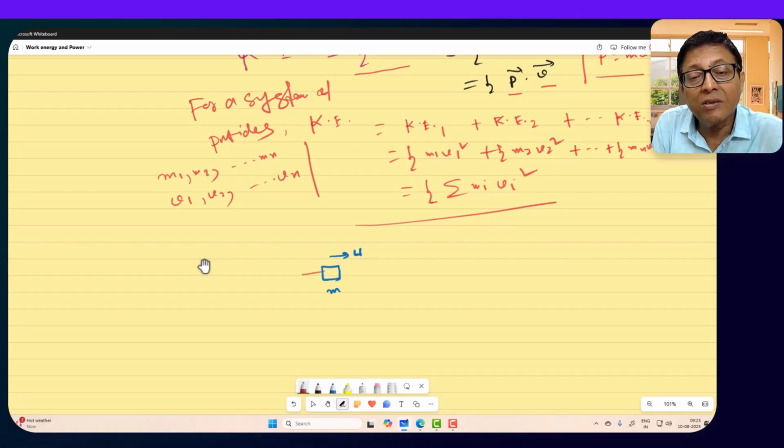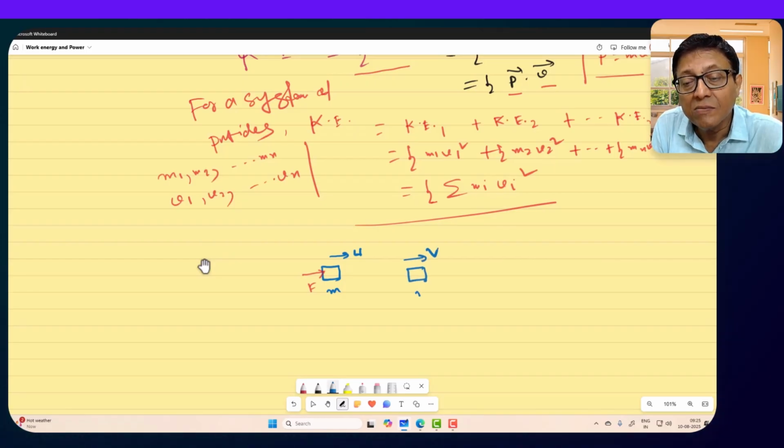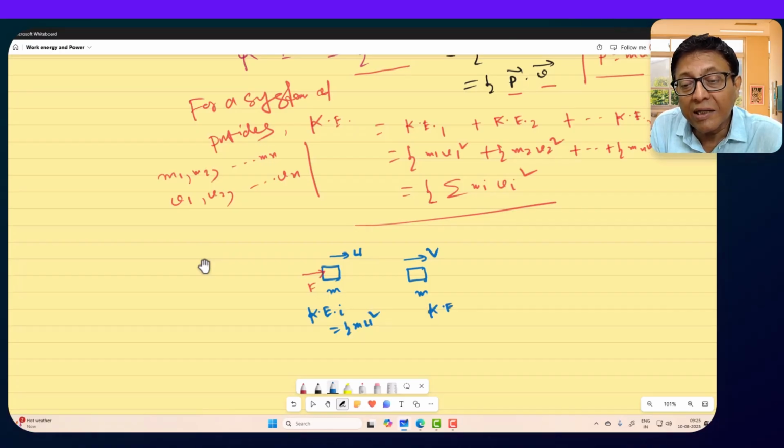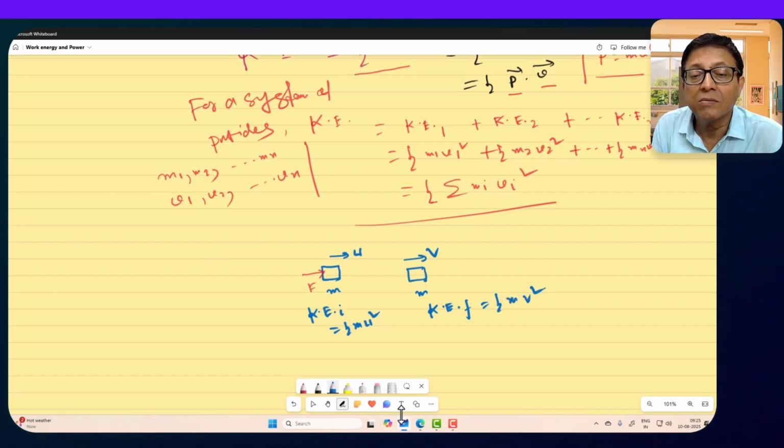That force is F. By the application of force F, after some time you can see that the velocity is changed to v. So there is a change of kinetic energy. This is the kinetic energy initially, half mu square. The kinetic energy in state 2, or finally, is half mv square.